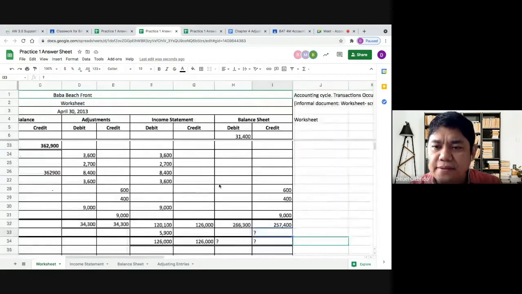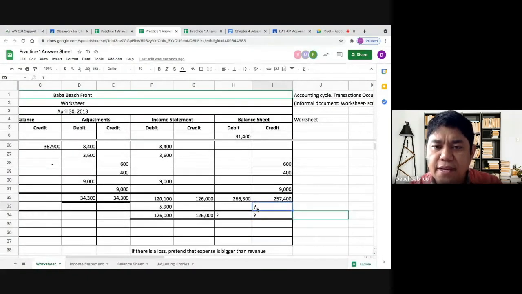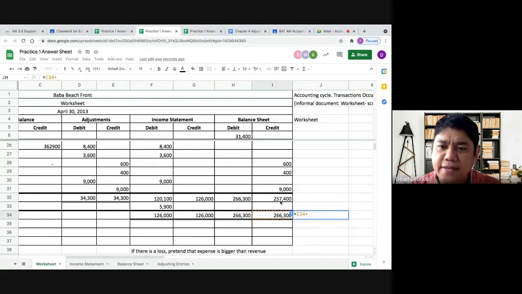So the number here should be equal to the net income. So I'll put 266,300. Here is 266,300. And then the missing number is, let's see, I hope that it's 5,900. Equals this minus this. 8,900.